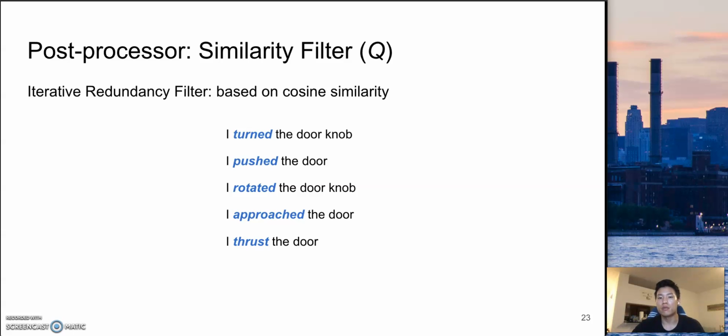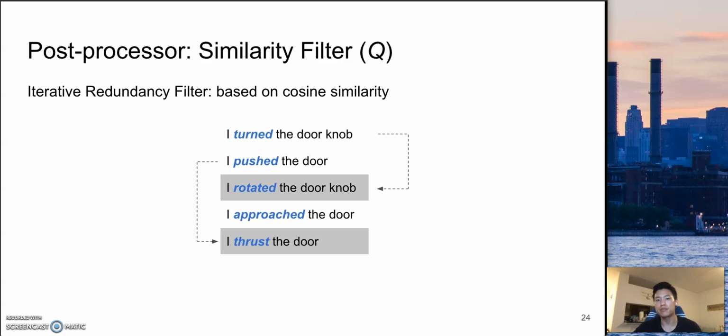We use cosine similarity of sentence vectors from the CLS token representation from the precondition classifier. We iteratively filter out similar outputs from the top because this list is already ordered by precondition score. As a result, these two grayed precondition texts will be removed.